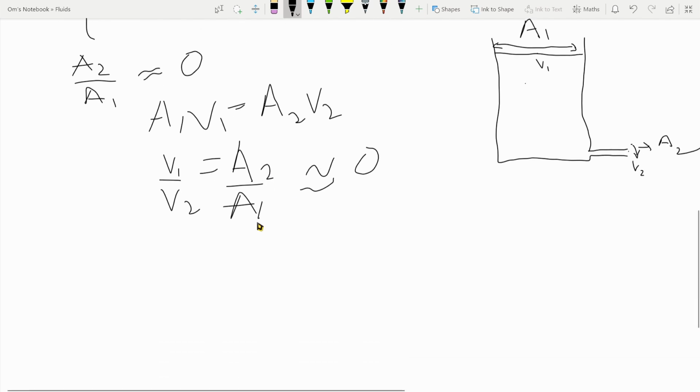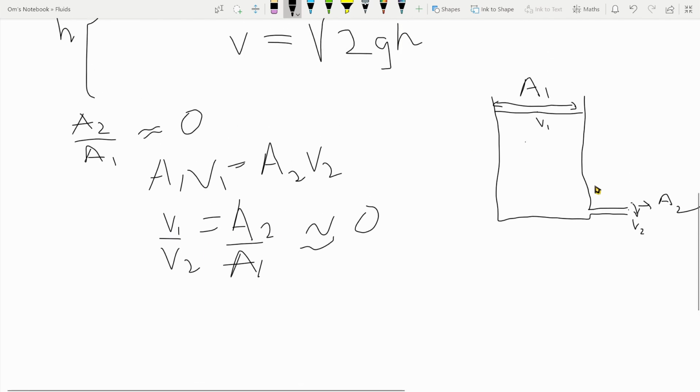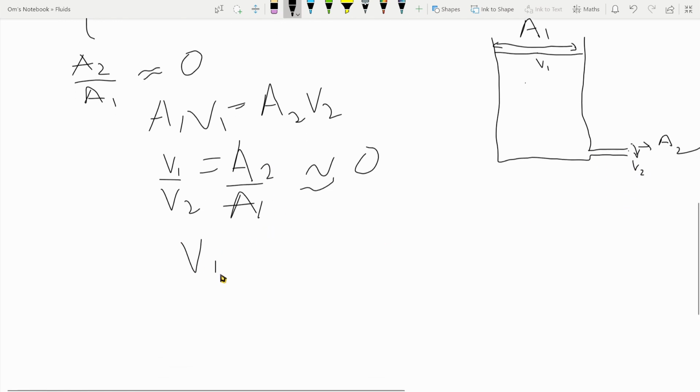So V1 by V2 is approximately equal to 0, and since V2 is some finite quantity, not infinitely large, we can say that V1 has to be approximately equal to 0.